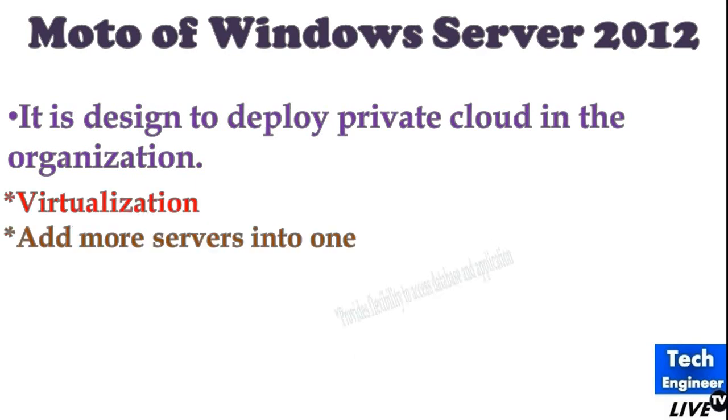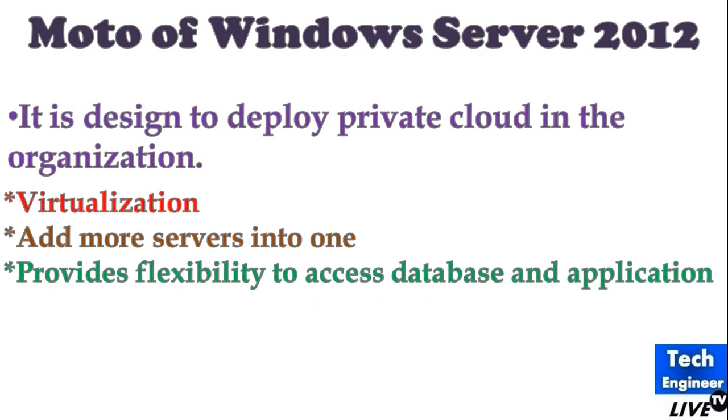So the concept was, when you are deploying the private cloud, you are deploying virtualization. You will be more inclined to virtualization. When you push virtualization, you can add more servers into one, because in a virtualization environment you need not worry about compatibility.